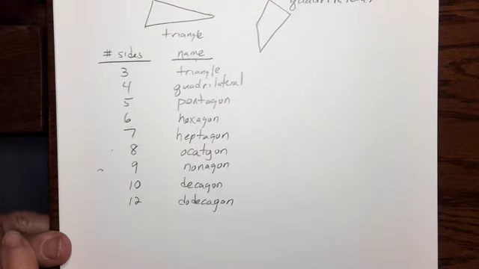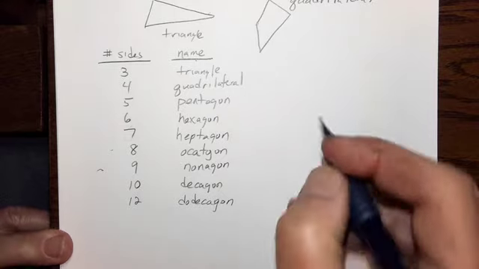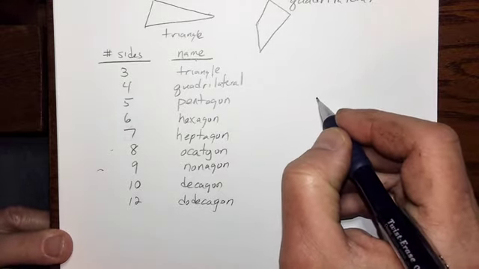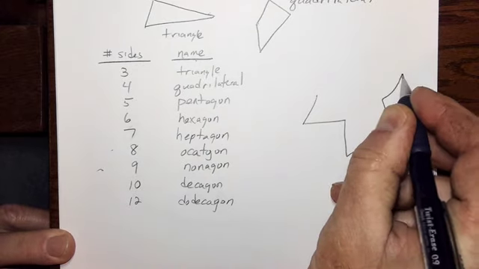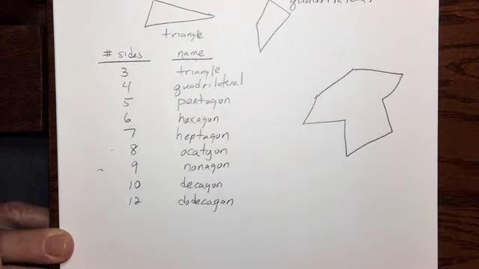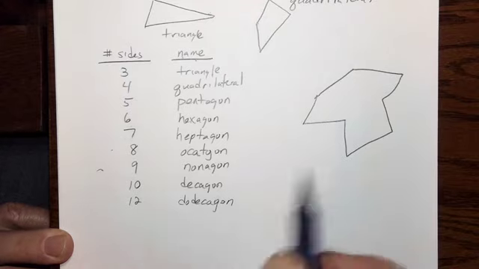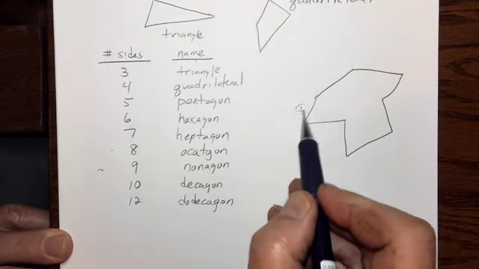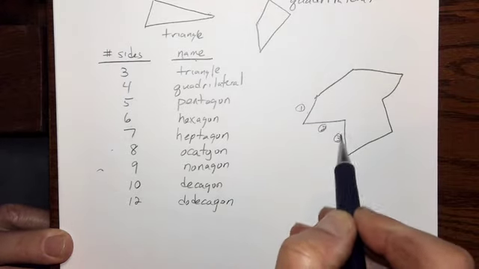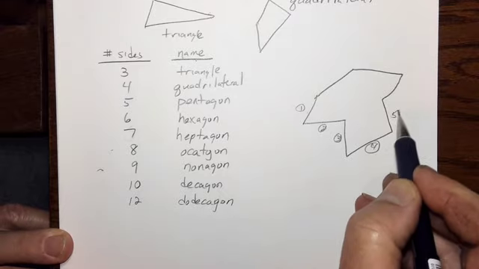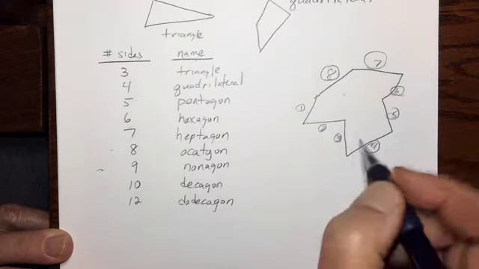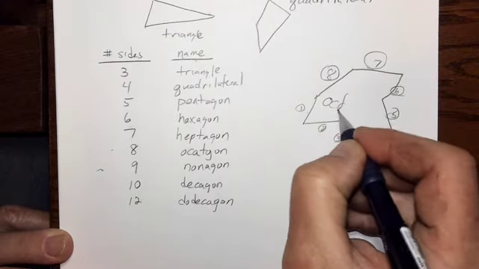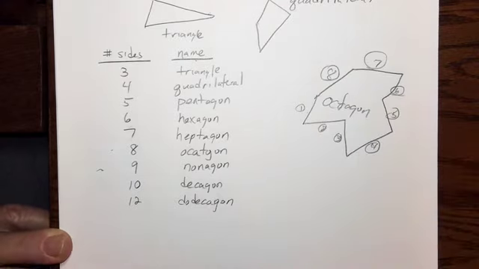So if I wanted you to name a polygon that looked like that, you just count how many sides. 1, 2, 3, 4, 5, 6, 7, 8. Since that's got 8 sides, it's called an octagon.